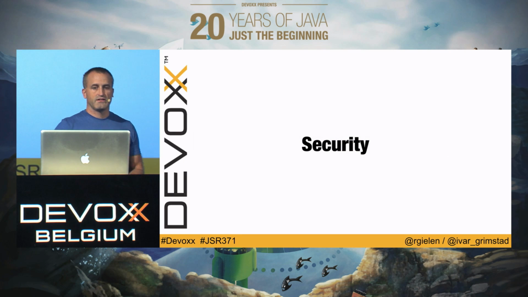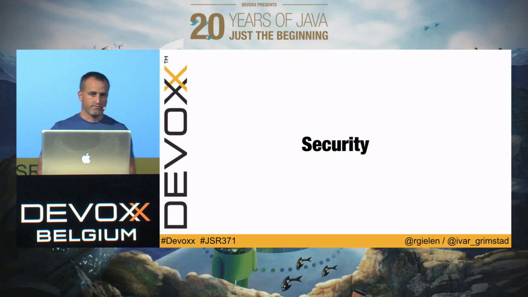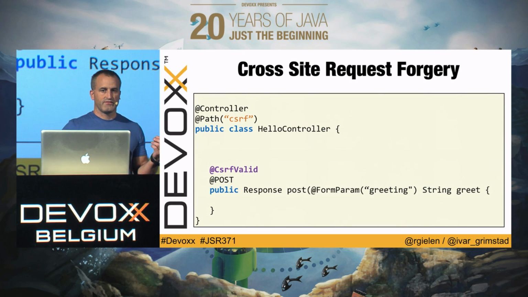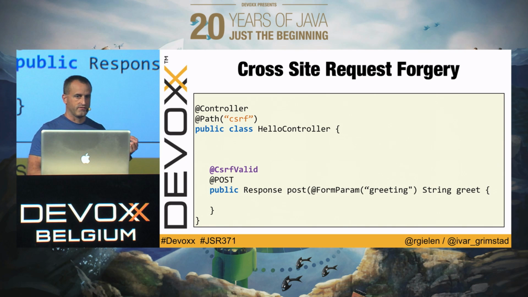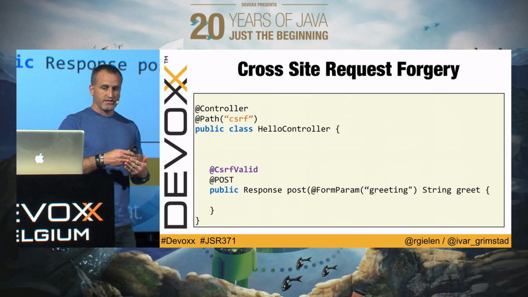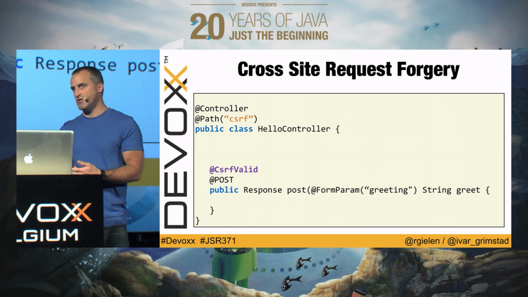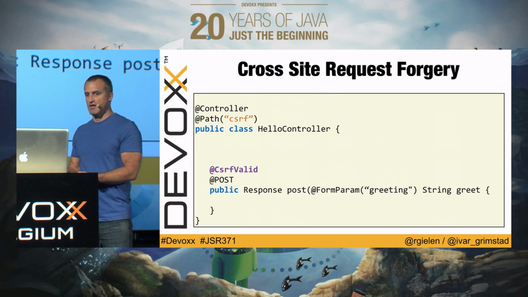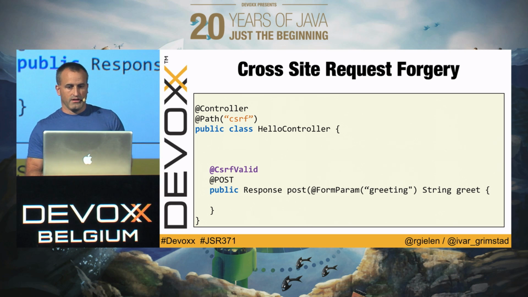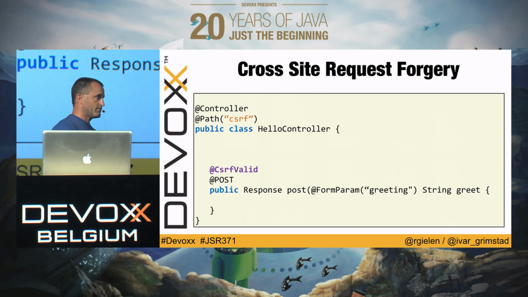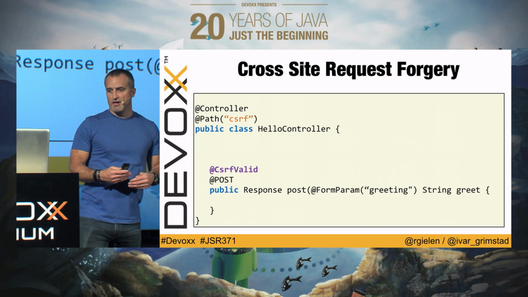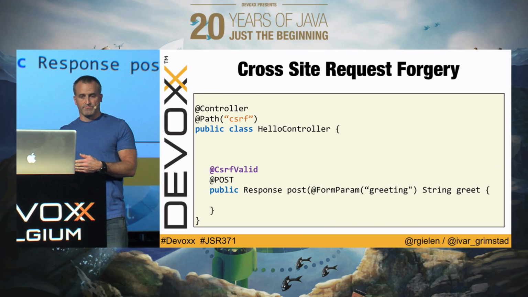We've also added support for security, and most specifically for cross-site request forgery. And we have an annotation. By default, the protection is off. So you as a developer have to say that you want this turned on. And then you can set it as implicit or explicit. If you set it as implicit, then all post methods in all your controllers are validated.